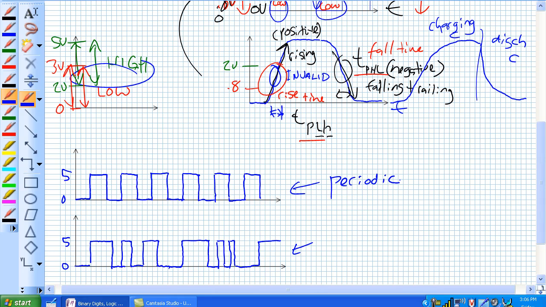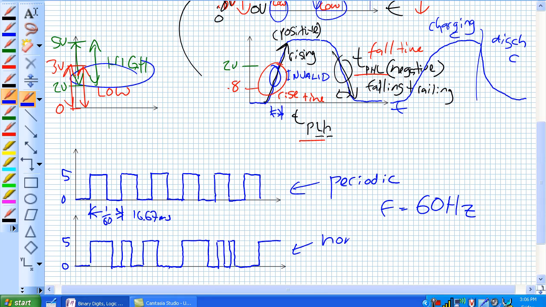Same thing here for a digital waveform, and the frequency is the inverse of the period. So again, what is our period? It's the time it took for one complete cycle. Let's say this was 1/60th of a second, or 16.67 milliseconds. What is the frequency? Frequency is 60 hertz.